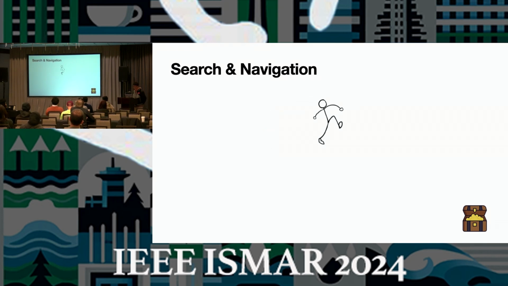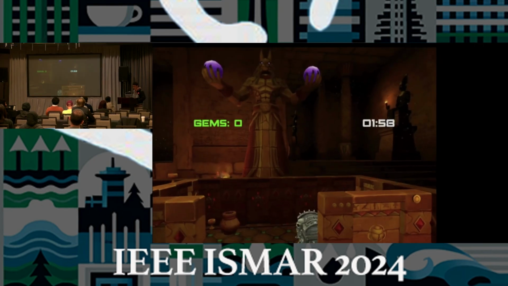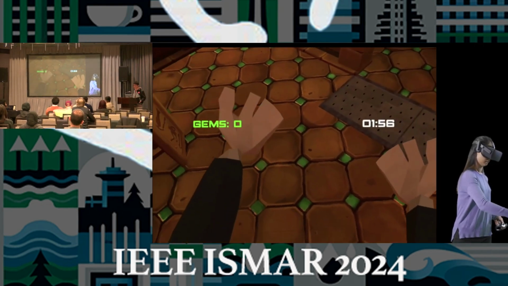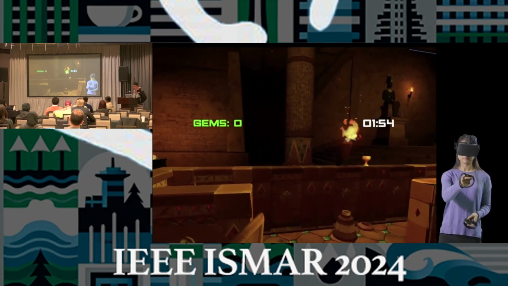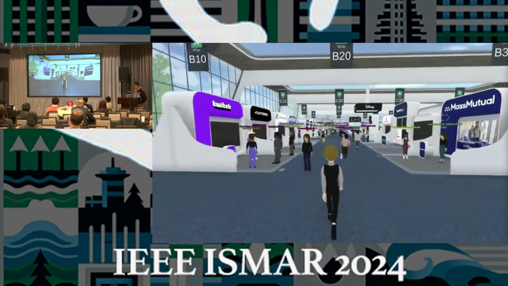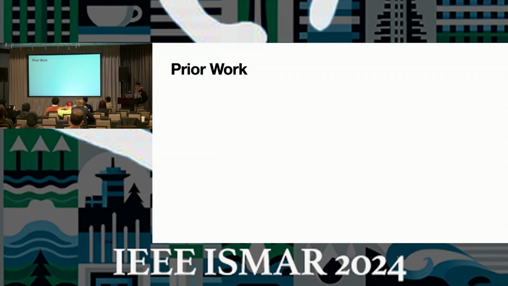This task is critical in VR with applications ranging from searching for rewards in gaming, for example, as well as navigating conversations in social VR. Efficient interaction techniques for search and navigation are essential for ensuring environmental exploration efficiency as well as the user experience.